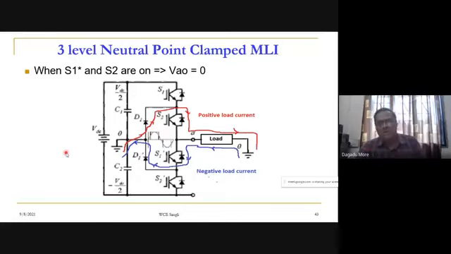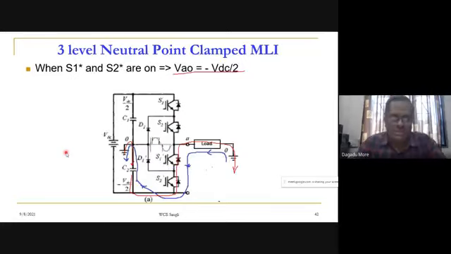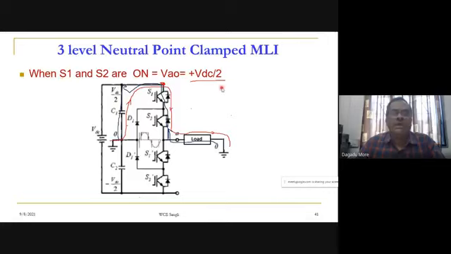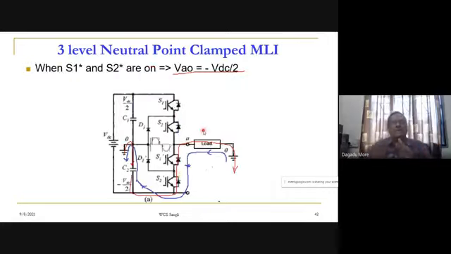We don't go for the 0 level. Whenever we can have just the upper 2 simultaneously on, and the lower 2 simultaneously on, we use only plus VDC by 2 level and minus VDC by 2 level. Then a 3-level can be operated as a 2-level inverter.